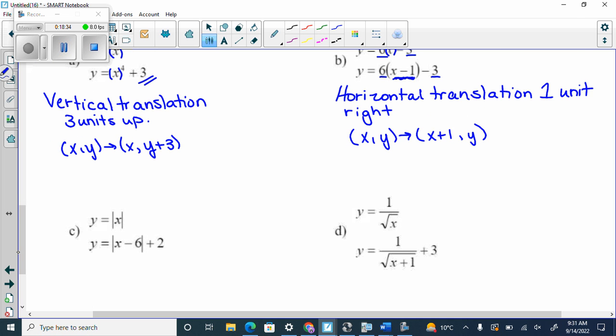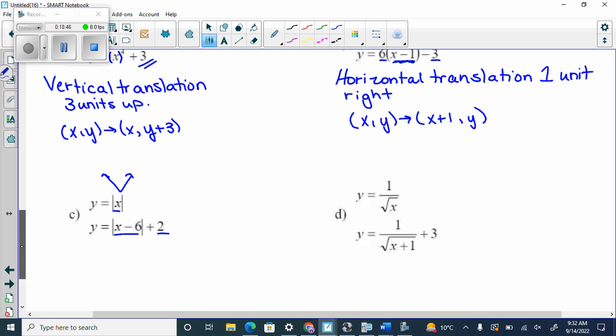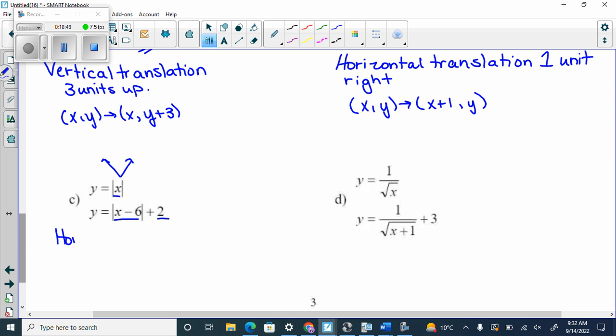This one here, I have an absolute value x. That's one of those V graphs. Remember we did them last year? Do we even care that it's a V graph? Nope. We care what's changed. So here I have an x in brackets, technically absolute value. Here that's changed, and so is that. So I have a horizontal translation, six units right, and so is the opposite.